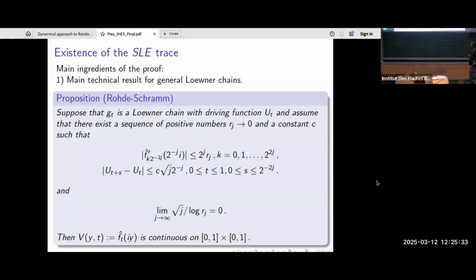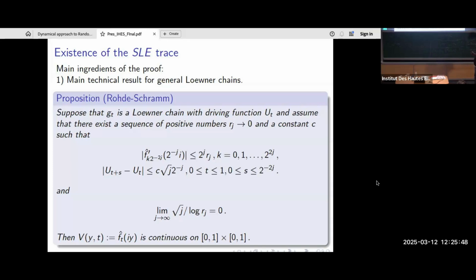And I'm looking at the time of this form, and I want to control the derivative of these f hat maps that are simply some versions of these g_t inverse maps. It's just a notation. This is essentially a control on these g_t inverse maps.